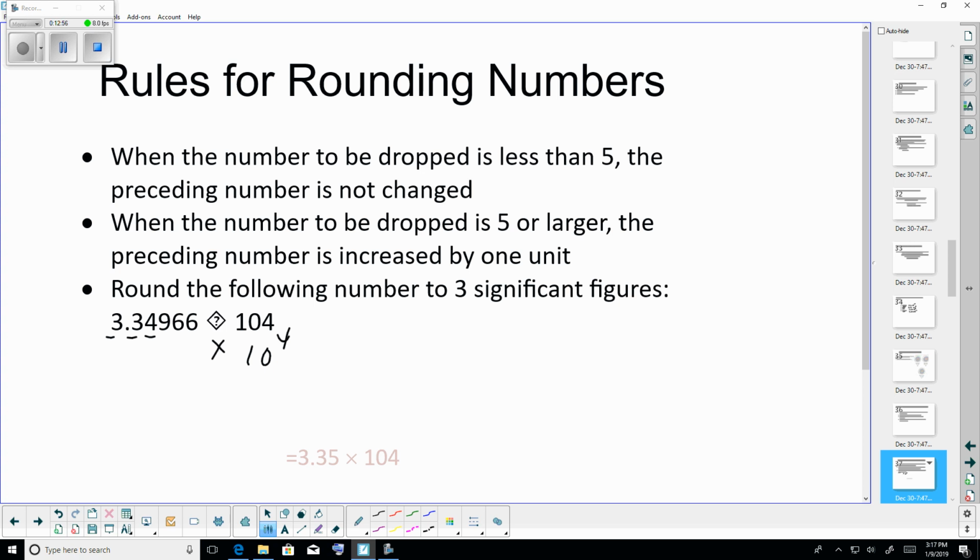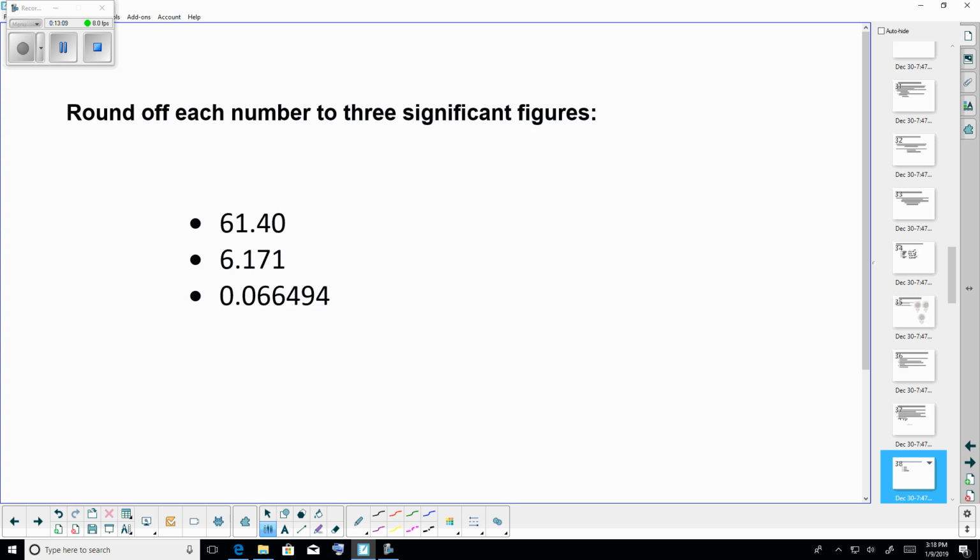But this is a 9, so I have to round this one up, 3.35 times 10 to the 4th. So 61.40 rounded to 3 significant figures would be 61.4. 6.171 would be 6.17.